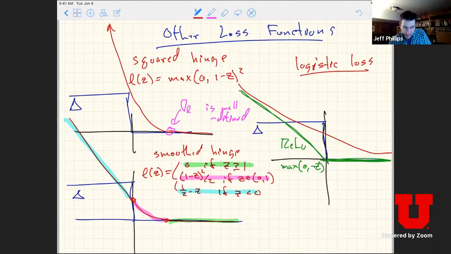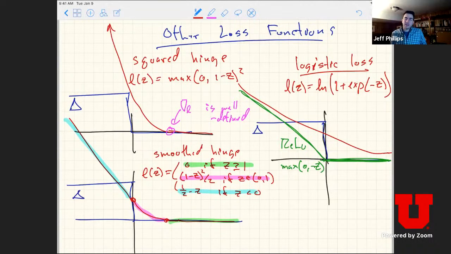L of z is equal to the natural log of 1 plus e to the power of minus z. This is an approximation of the ReLU. It's always going to be above the ReLU cost function, and it's going to be smooth. And it turns out the gradient of this is going to be smooth and easy to compute everywhere.